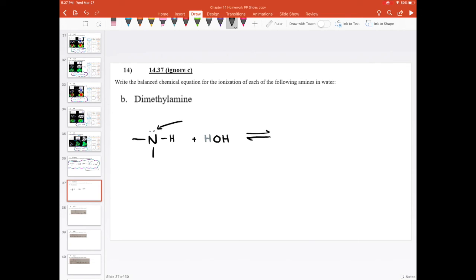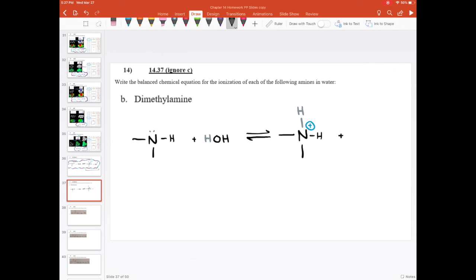Now, because of the lone pair on the amine, that amine is slightly basic and can accept H pluses according to the Bronsted-Lowry definition. The rest of the molecule stays the same, so we still have the 2 methyl groups, we still have the hydrogen, but now that lone pair is in a bond to the H that the molecule accepted. It didn't just accept an H, it also accepted a plus charge, and that plus charge is going to be on the nitrogen. So that's that first ion, and the second one, the water lost an H and lost a plus charge.